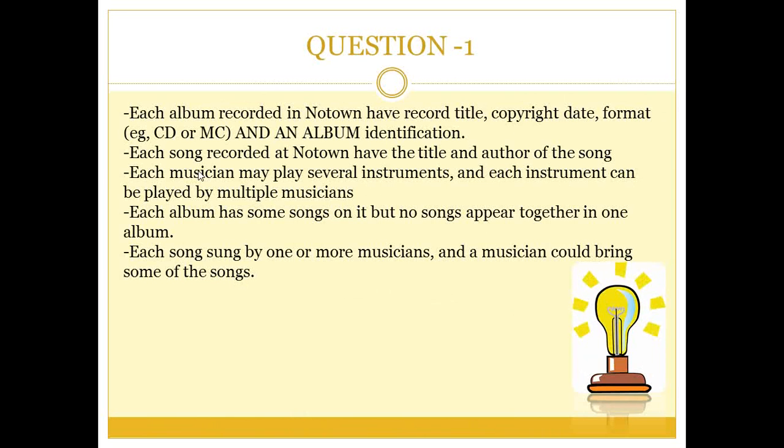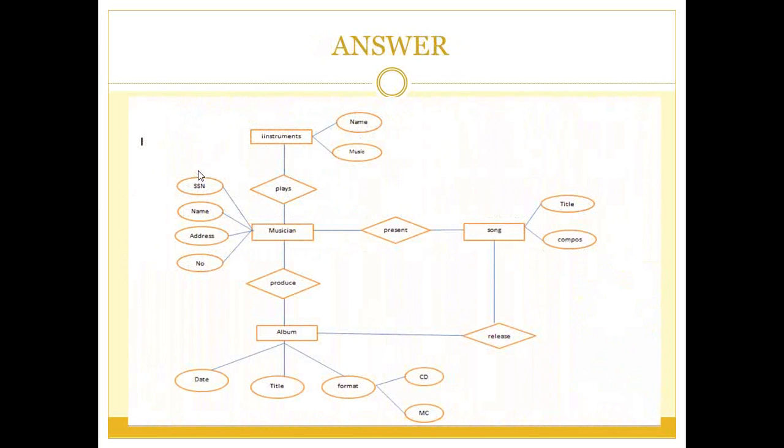So with those many criteria, we have to use the ER model. What's the answer? Here is the answer. So it's the ER model. Musician has SSN, name, address, number.